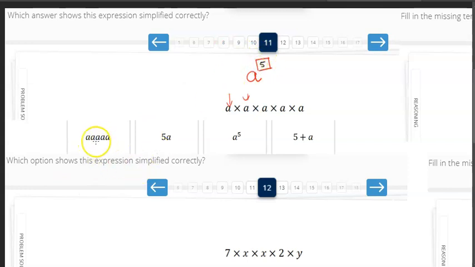It is not a all put together. Technically it is if you were going to write it in this type of notation, but this is not the correct notation. 5a just means 5 lots of a, which is a plus a plus a plus a plus a. So it can't be that one. This has to be the solution, and again, it's not 5 plus a.